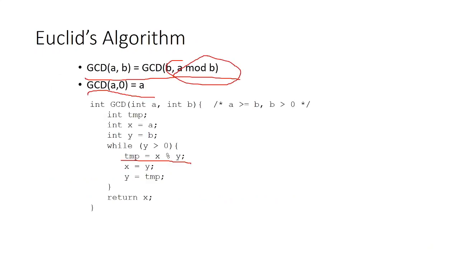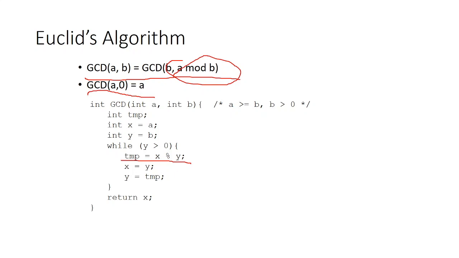So we can use the Euclidean algorithm. GCD of A and B is converted to GCD of B and A mod B. We can repeat this modification until the second part becomes 0.